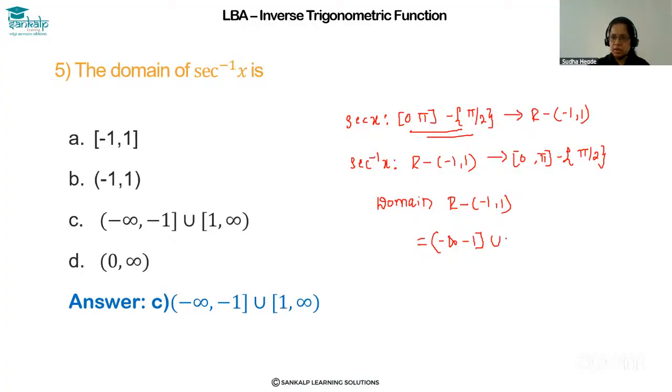You can take closed interval 1 to infinity. You have to remove 1. Therefore, take closed interval. Therefore, option C, minus infinity to -1 closed union closed 1 to infinity is the correct answer. Thank you.